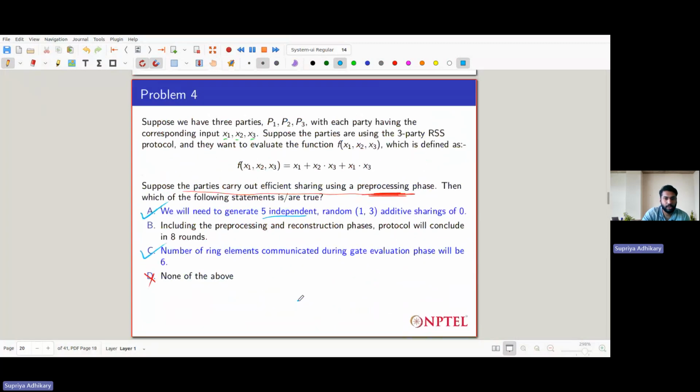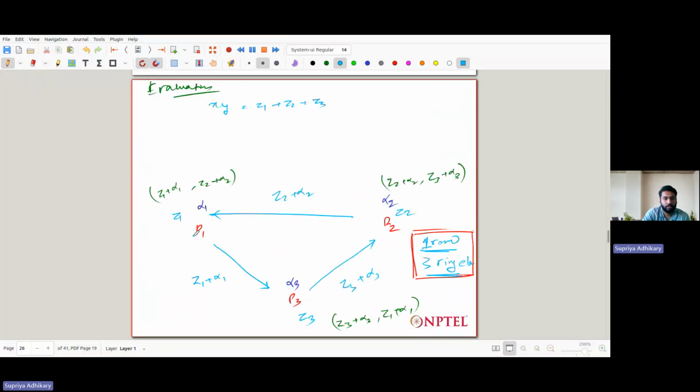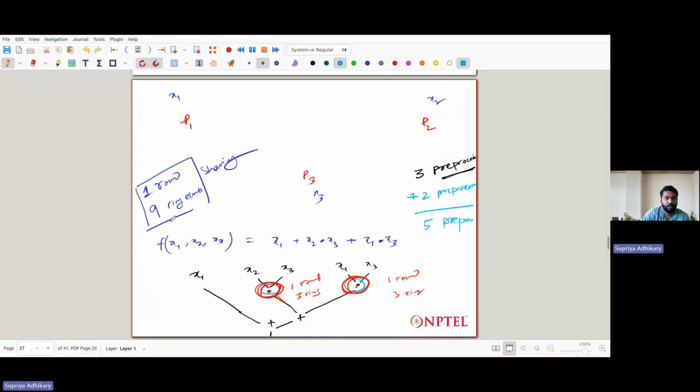Now we check option B, that including pre-processing and reconstruction phase, the protocol will conclude in 8 rounds. As we have seen, the sharing can be done in 1 round. The pre-processing can also be done in 1 round. In the pre-processing, even though there are 5 pre-processings, all the data generated in these 5 pre-processings are independent of each other.